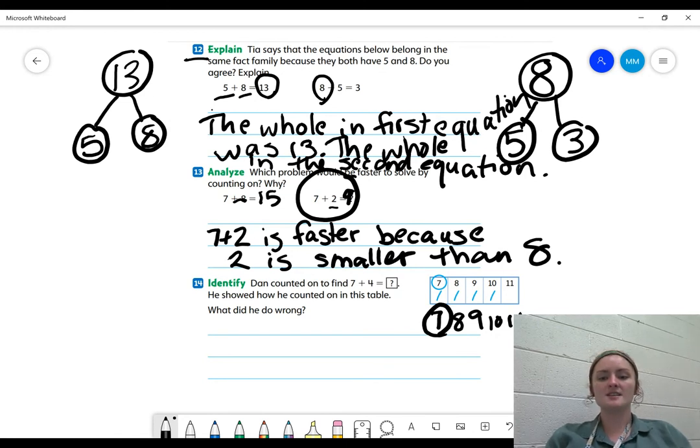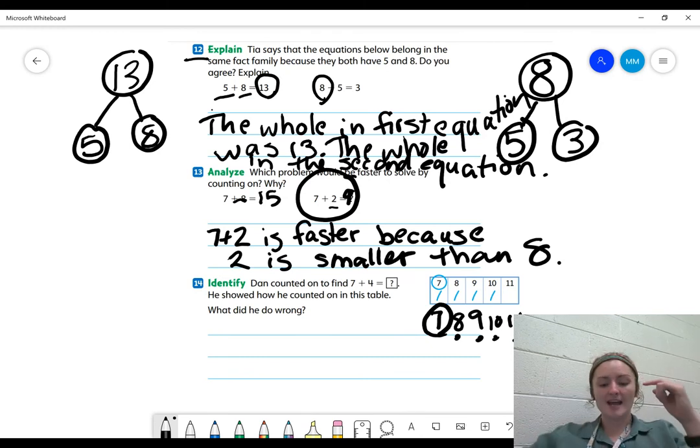And we were supposed to count 4 more. When we are counting on, are we supposed to count 7 as one of the 4 more? Nope, we start counting on after 7. So 7, 8, 9, 10, 11.